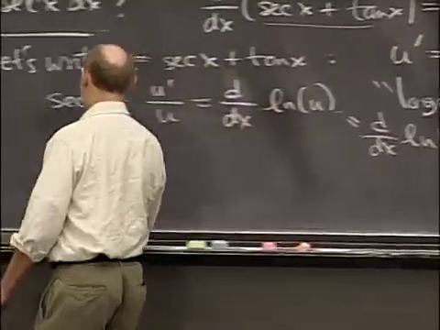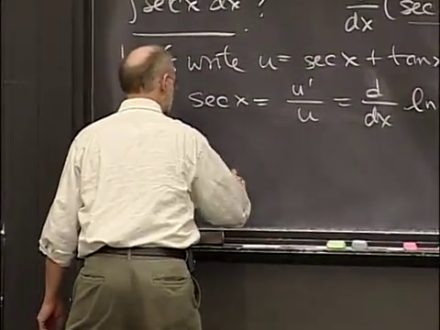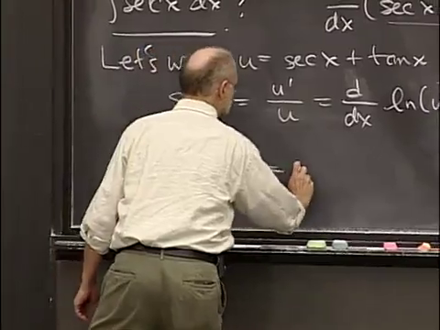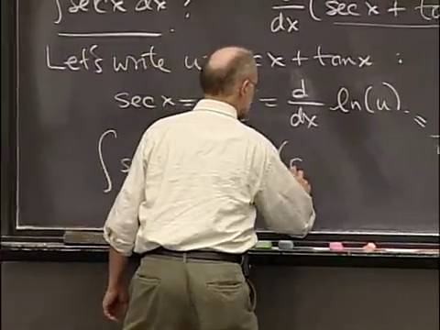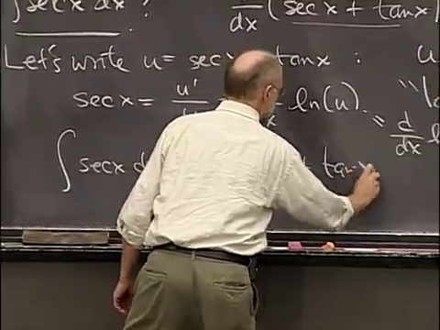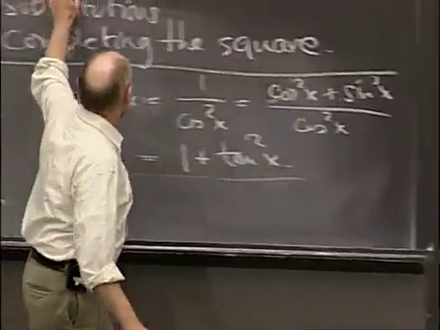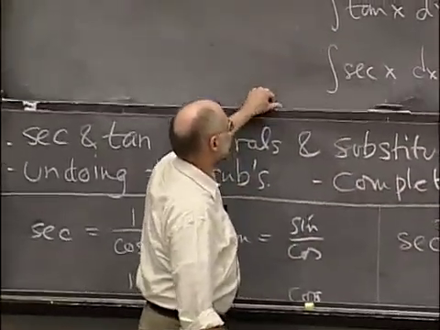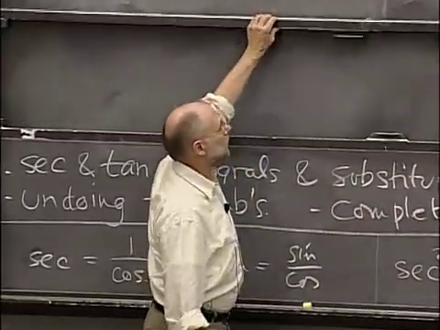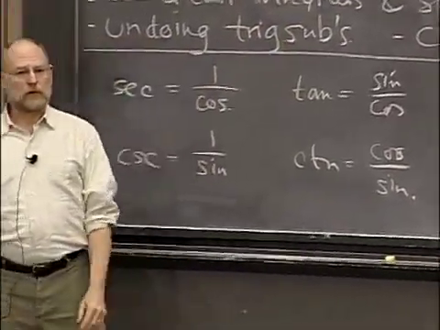And so that implies that, integrating both sides, the integral of the secant of x dx is the natural logarithm of the secant of x plus the tangent of x. So that's the last line in this little memo that I created that we can use now for the rest of the class.